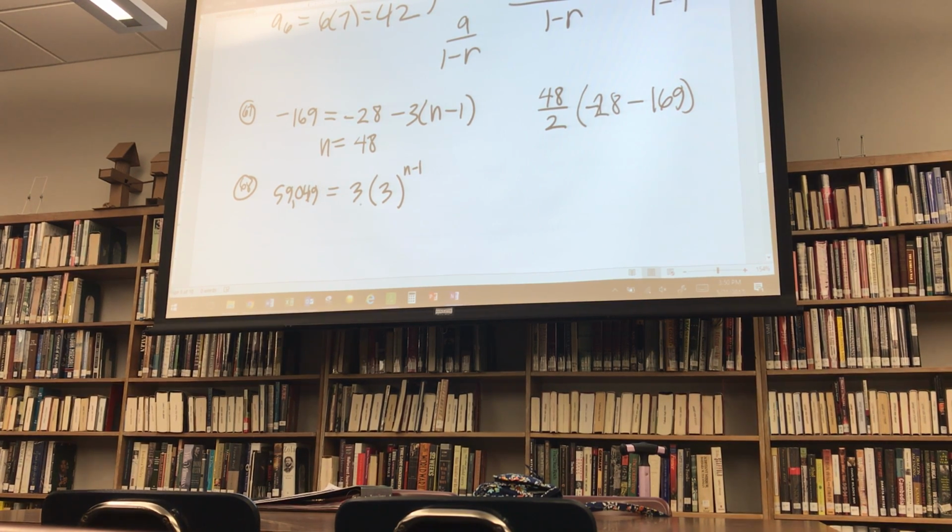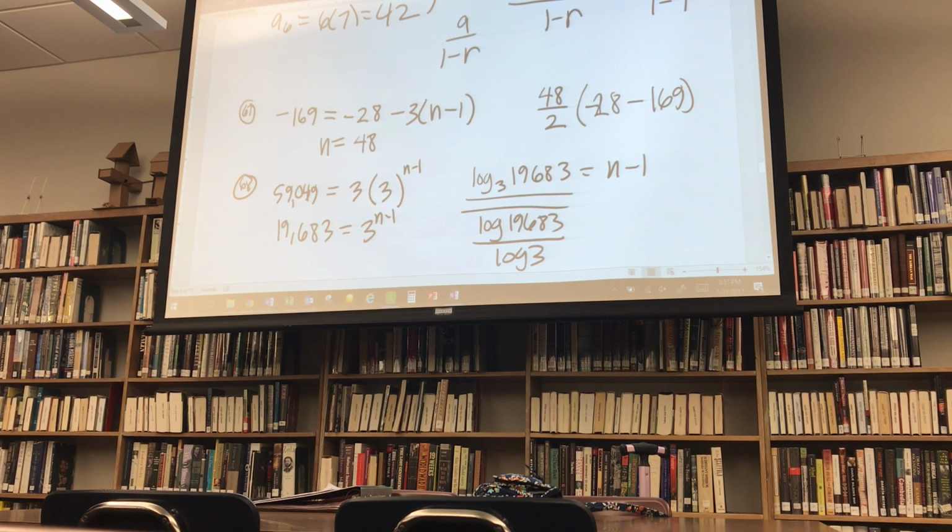And I'm going to divide off this 3 right here, and that's going to give me 19,683 is 3 to the n minus 1, which might seem like a big, giant, huge pain, except that you can write it as log base 3 of 19,683 is n minus 1, and that can go in your calculator. That can be log of 19,683 divided by log of 3, and you don't have to figure out what power of 3 that is. Okay, your calculator will tell you.